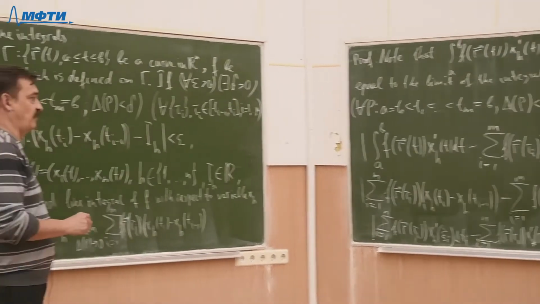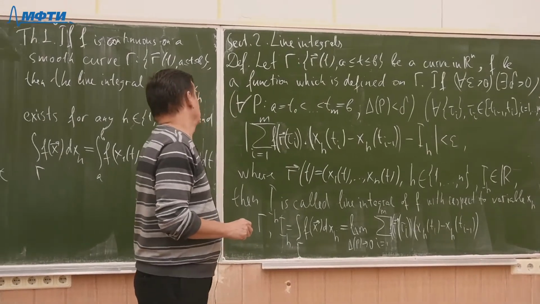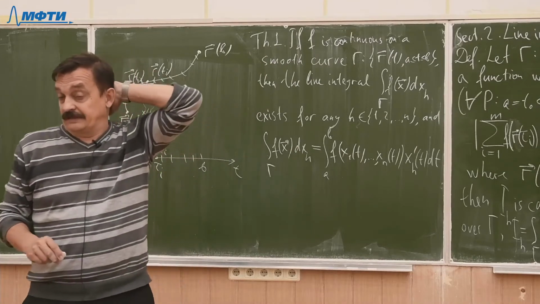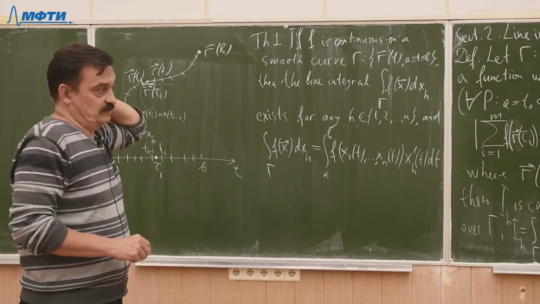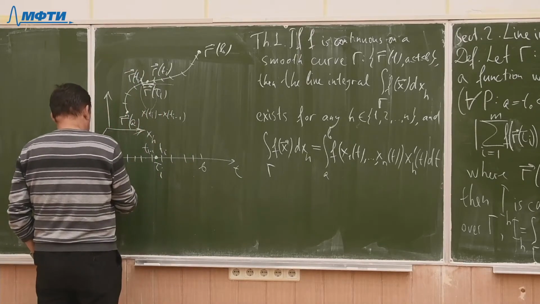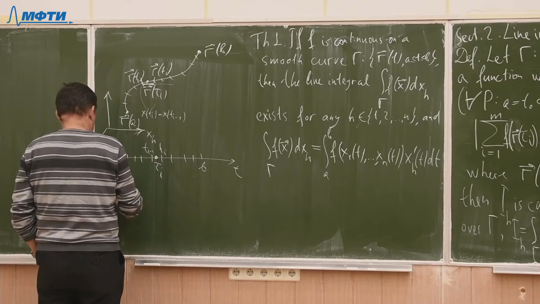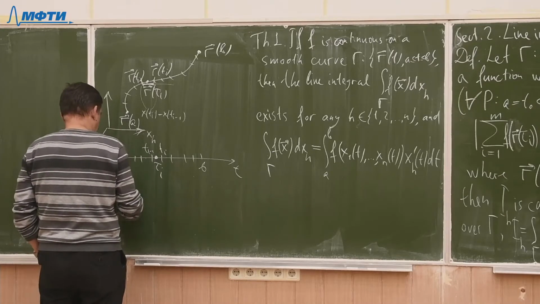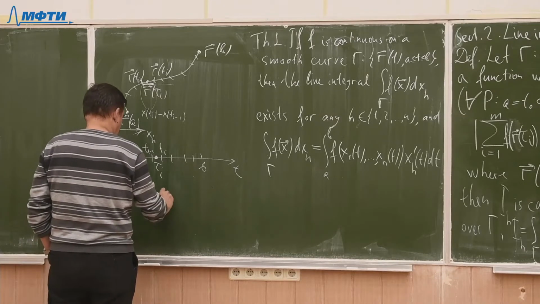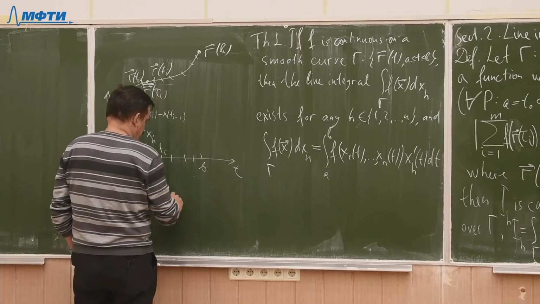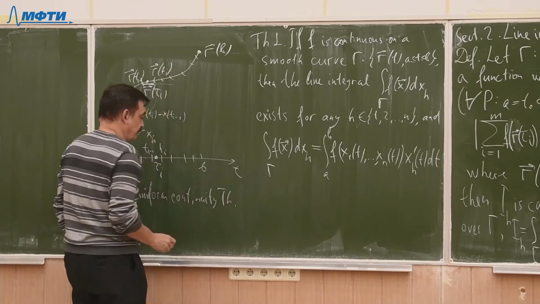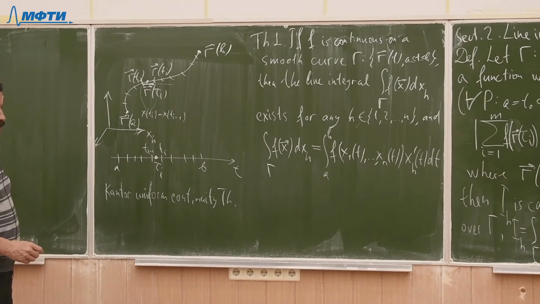So finally, like in the proof of the similar theorem for integrals along a curve, we apply the Cantor uniform continuity theorem. So what do we have?